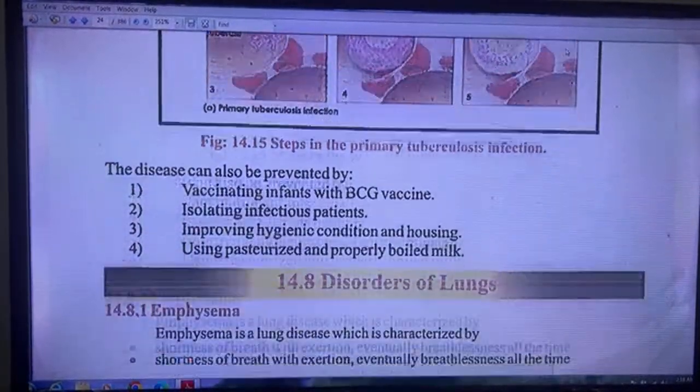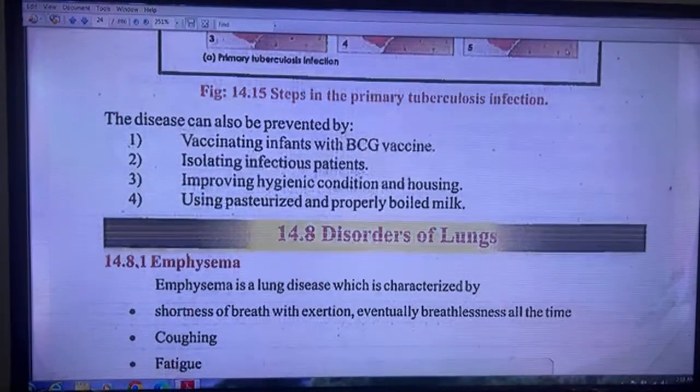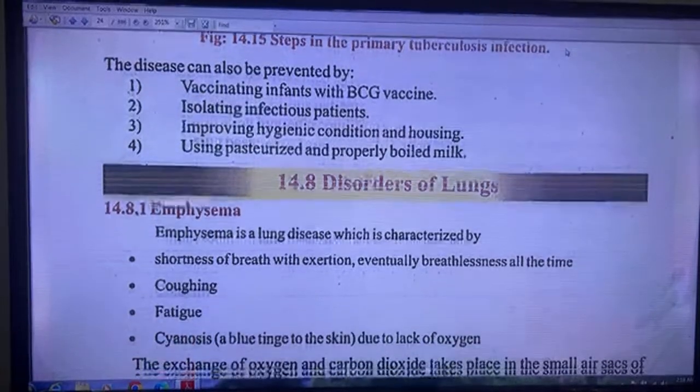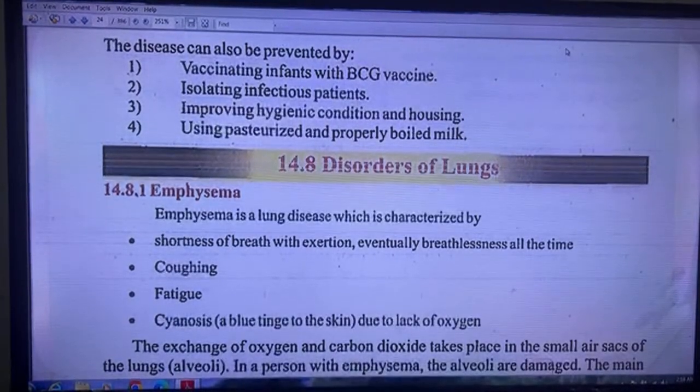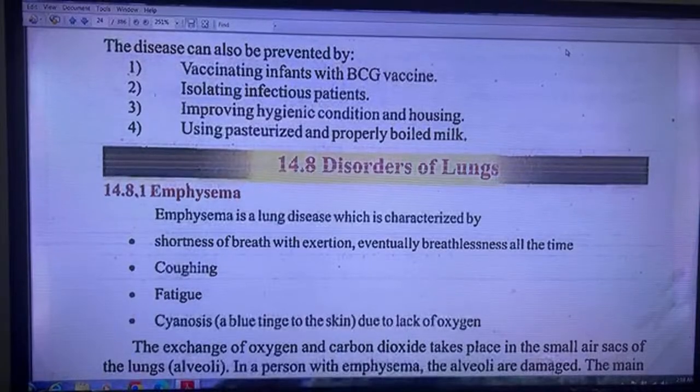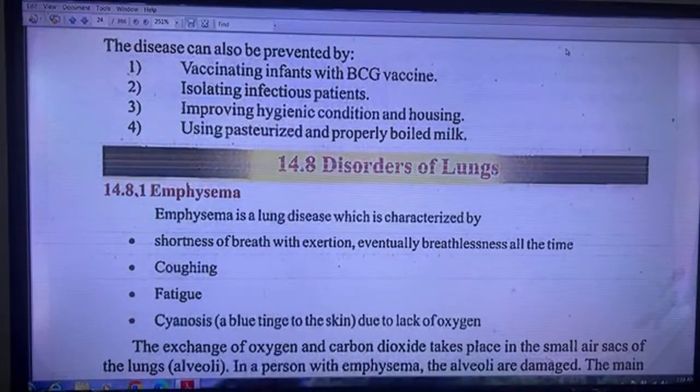The disease can also be prevented by vaccinating infants with BCG vaccine, isolating infectious patients, improving hygienic conditions and housing, using pasteurized and properly boiled milk.